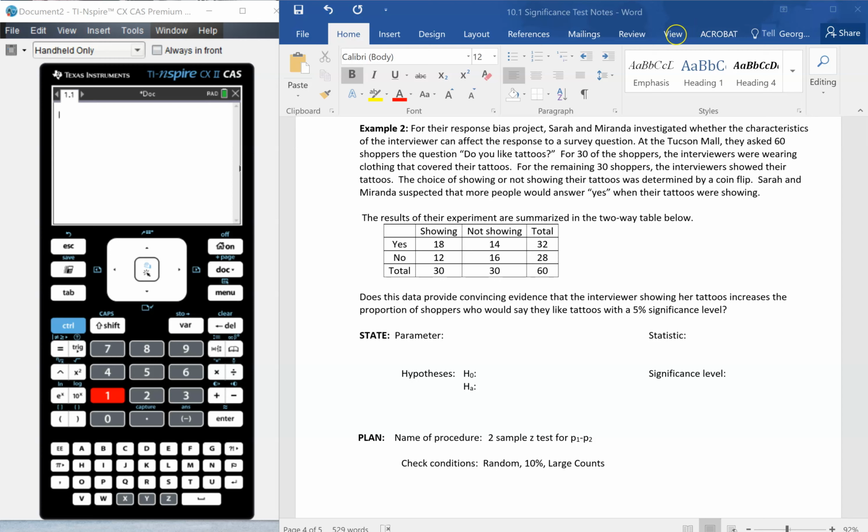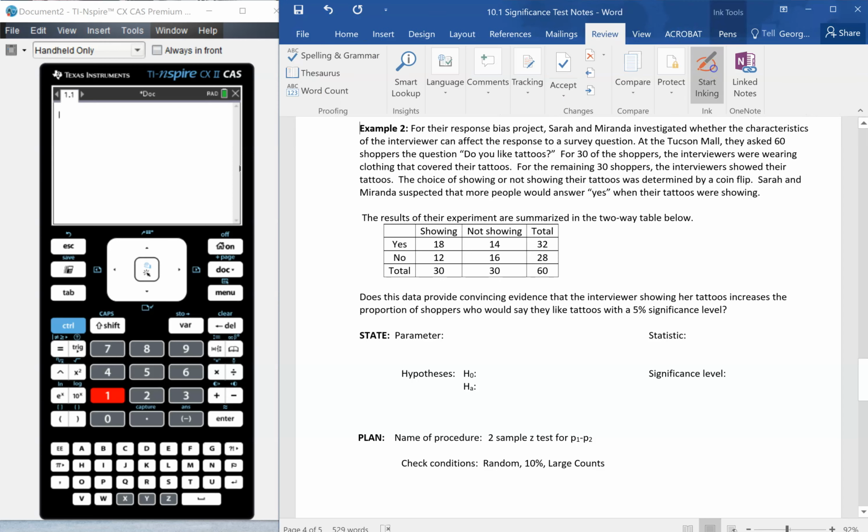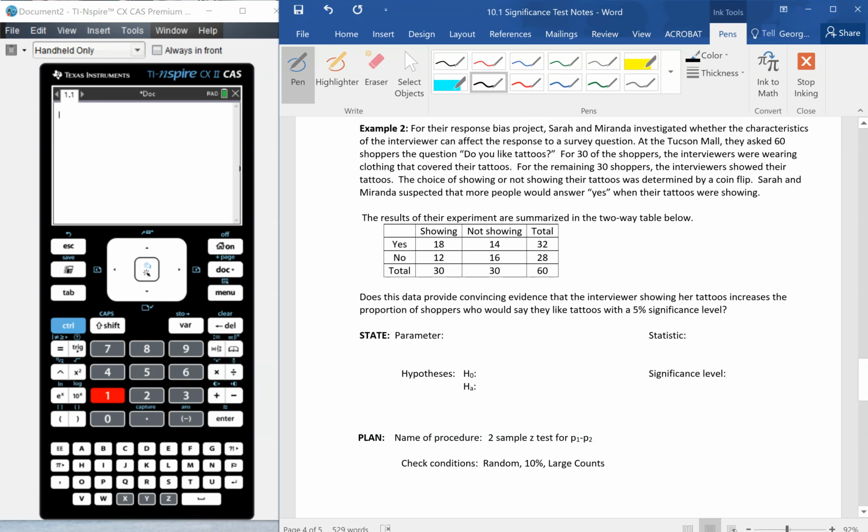Alright, so we got all kinds of stuff to dive into with this one. First thing, they actually give us a two-way table, so we have to write less of our organizing to start with. So first thing you want to do is label your stuff. I'm going to make showing tattoos be P1 and not showing tattoos be P2.